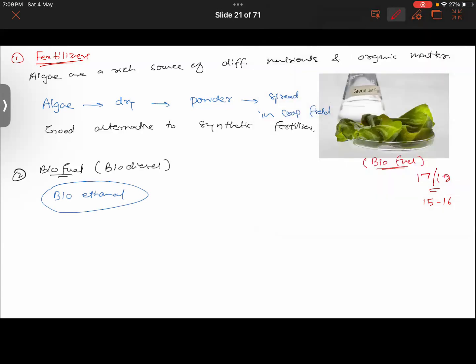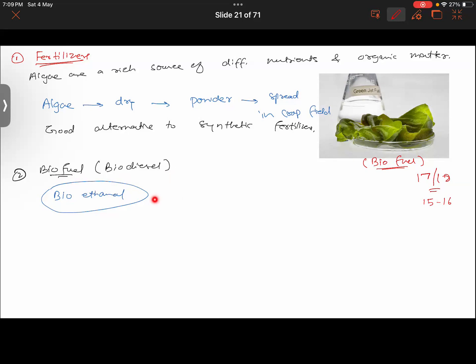I will try to simplify it. Basically, the advantage of the production of biofuel is that it will leave very little residue. It will create less pollution. That's why we are preparing biofuel from algae.